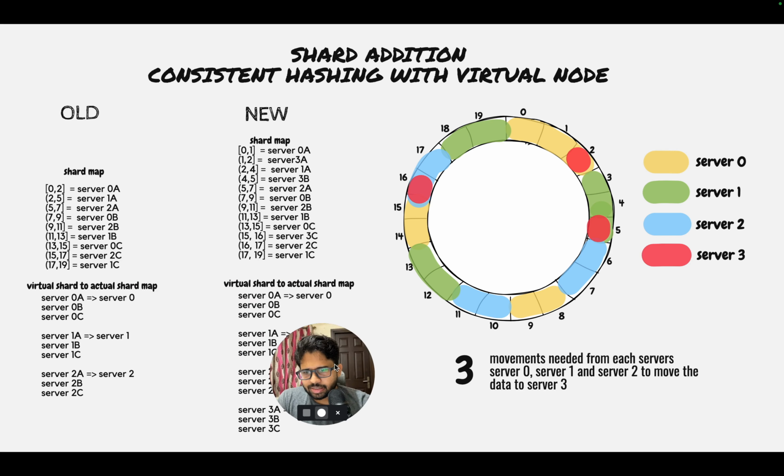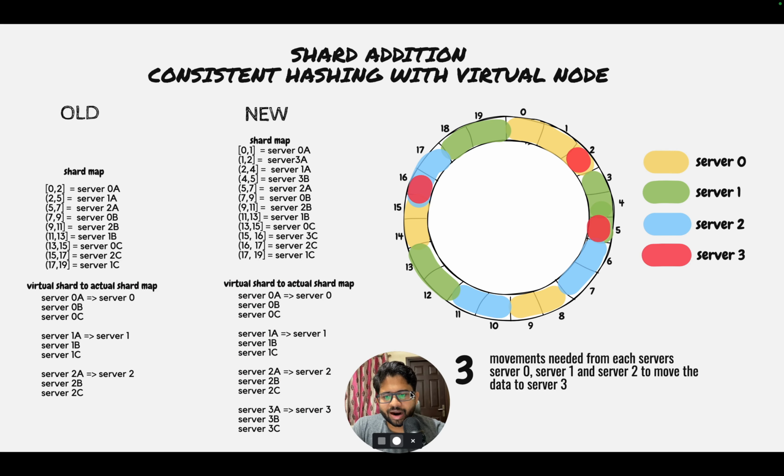So let's consider a case of shard addition. When a shard is added, what happens then? Initially, let's say you had 3 servers, server 0, server 1, and server 2. So you initially had only 3 servers, and these are the ranges which were assigned. 0 to 2 assigned to server 0, then 2 to 5 assigned to server 1, 5 to 7 assigned to server 2.